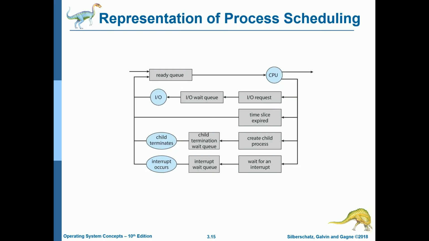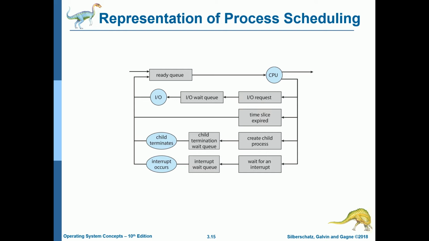Now, this is a common representation of process scheduling that's called a queuing diagram. The circles represent the resources that serve the queues, and the arrows indicate the flow of the process in the system. A new process is initially put into the ready queue, and it waits there until it's selected for execution, otherwise known as dispatched. Now, once the process is allocated to a CPU core and is executing, one of several events can occur.